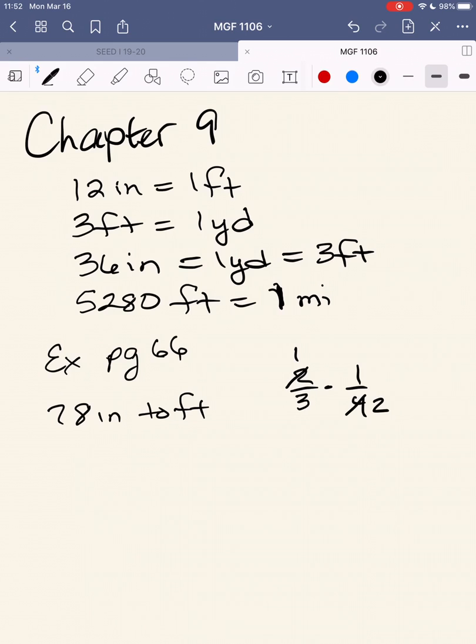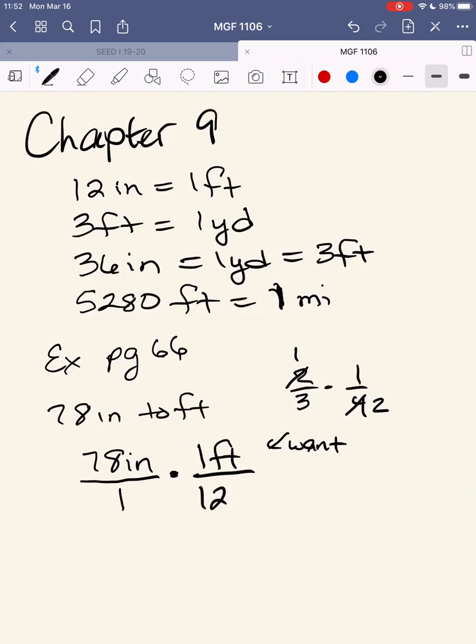So if I have 78 inches, I make that a fraction, put it over 1. Then I put the conversion fraction next to it. I want to put the units I want on the top, so 1 foot, and the conversion for inches is 12 inches.